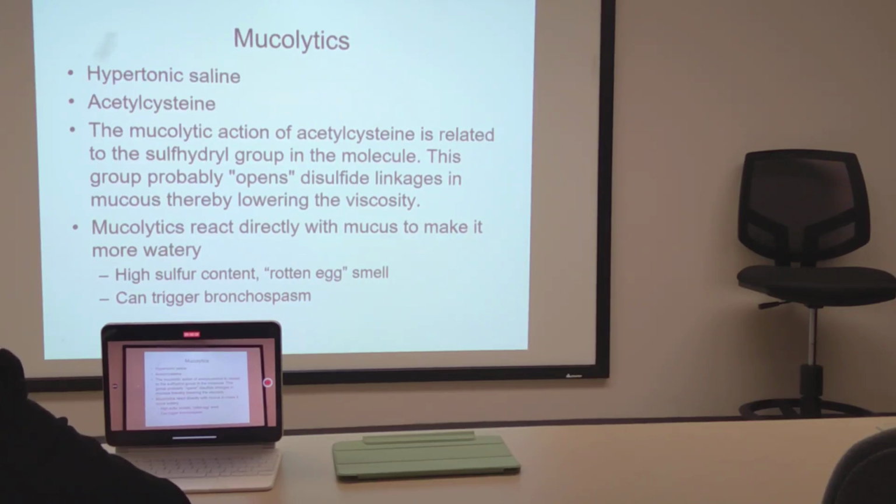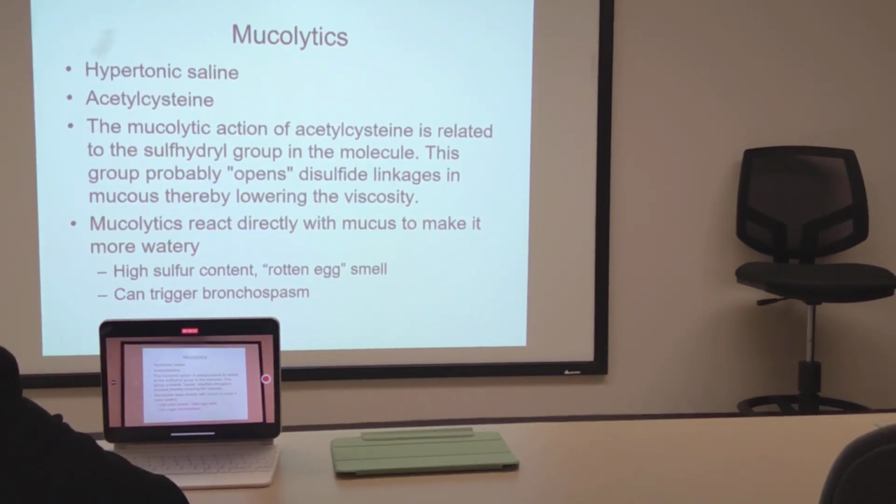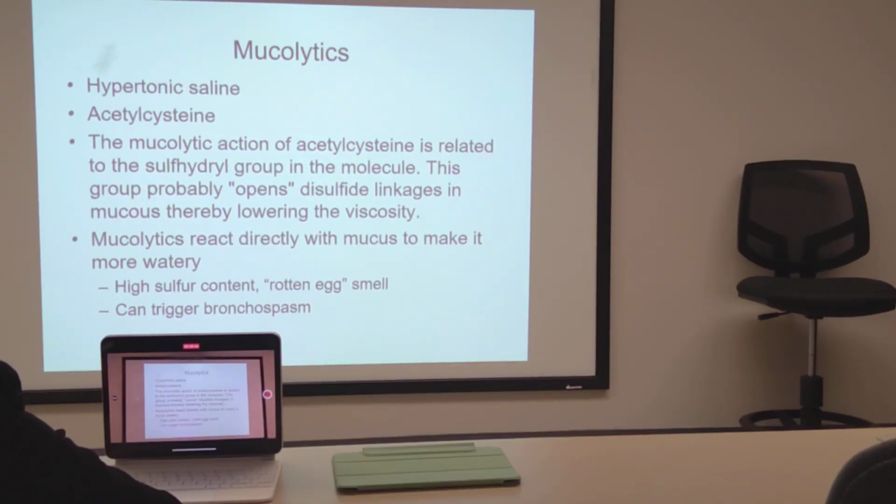And so we got the mucolytics. There are hypertonic saline and acetylcysteine. Okay. So acetylcysteine has this mucolytic action, and this action is related to the sulfhydryl group in the molecule.